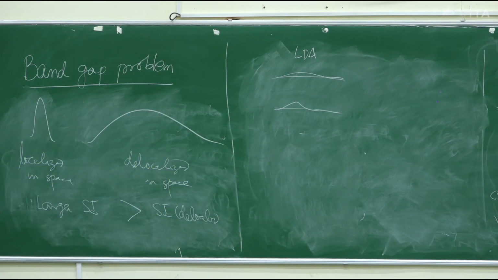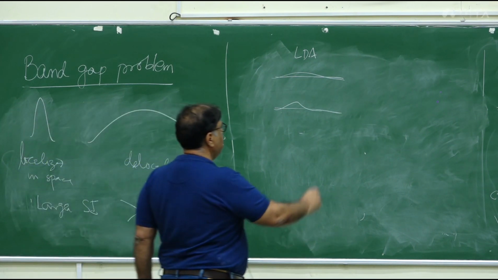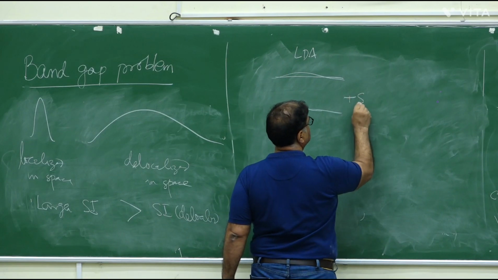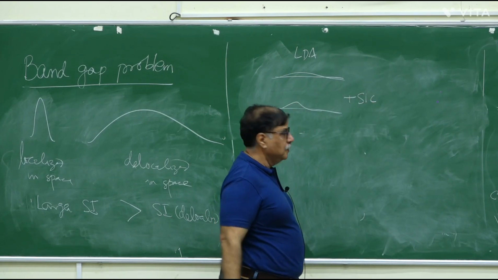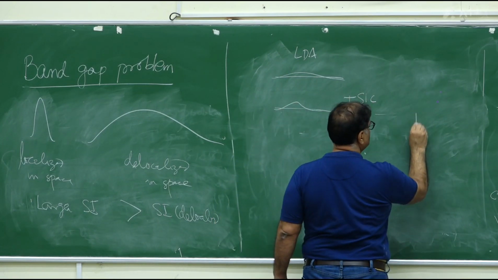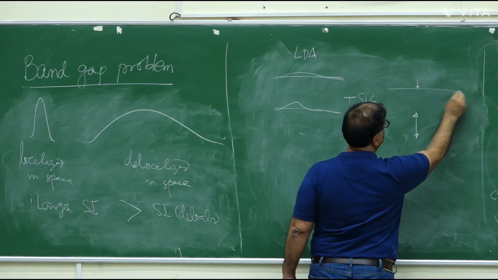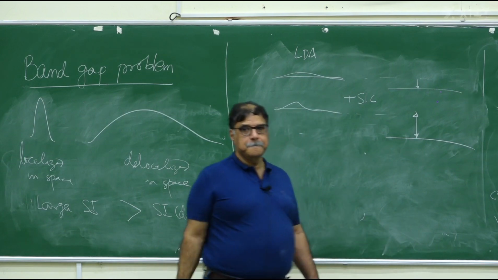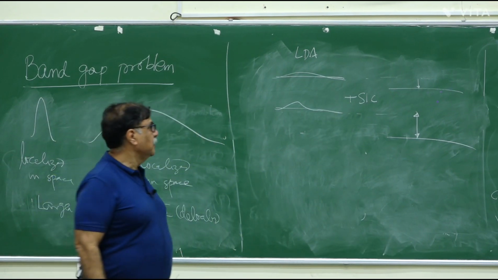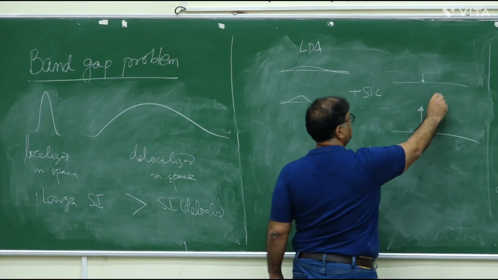Do we agree with that? The higher energy, right? And therefore, if I make self-interaction correction, this is going to go down more than this. I'll give you better than.